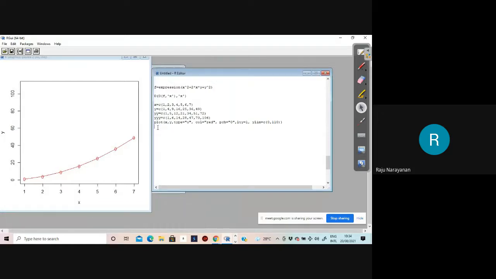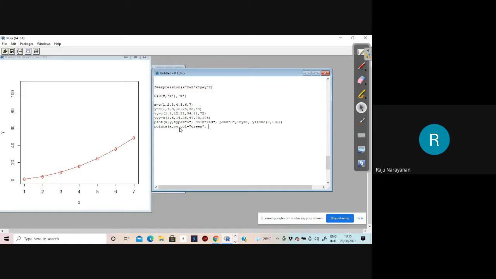Okay. Then points, and x comma yy, x comma yy, and color is equal to, what color is good with red? Green will match.